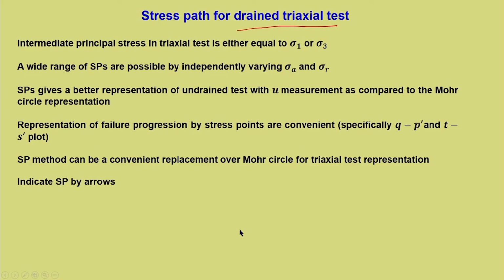If we want to understand further the failure mechanism, the progression of failure, then stress path would be much more handy. Another aspect before we start seriously into stress path plotting: the stress path has to be indicated by arrows, because we have to specify the direction in which the progression is happening. So, arrows are a must for stress path.